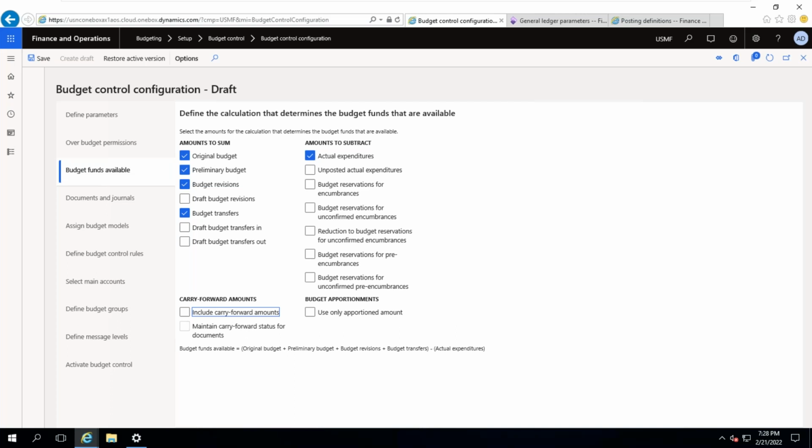So the starting point you have learned. If you want, you can define your own. Selecting carry forward budget automatically includes the unposted transactions.